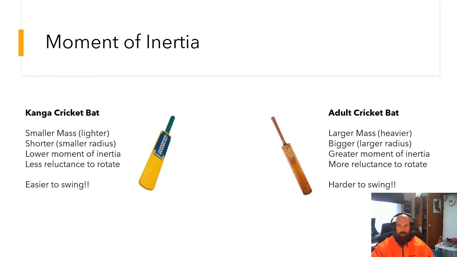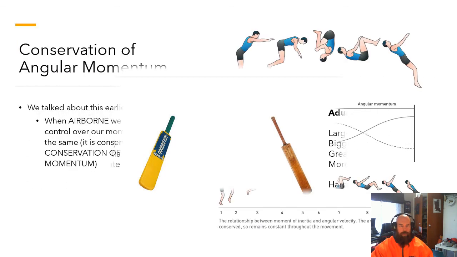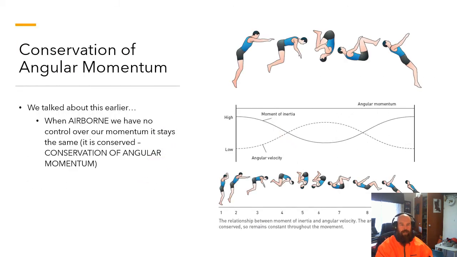So that is the moment of inertia. Then we talk about conservation of angular momentum. We talked about this one earlier. When we're airborne, we have no control over our momentum. It stays the same. It's conserved. What happens is when we're in the air, we can change our moment of inertia by tucking up, like you see in this example up here.